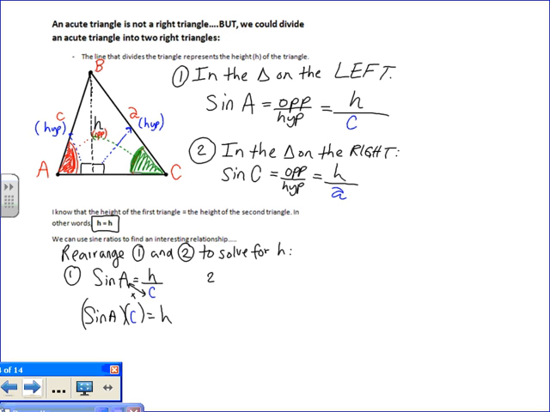And for number 2, I have the sine of big angle C is equal to H over A, and I can rearrange that in the exact same way.